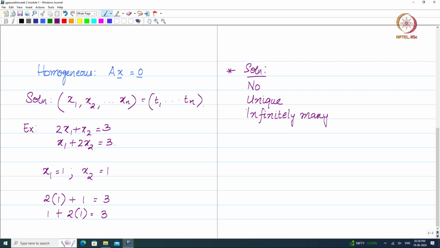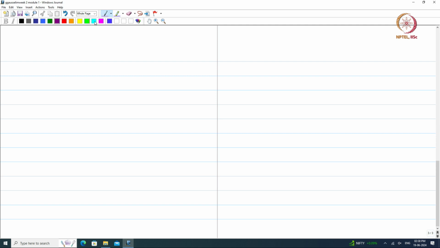In this module, we will look at the Gaussian elimination technique to obtain the solution, assuming that the system of linear equations is consistent. In order to solve a large system of linear equations, we need a systematic procedure.